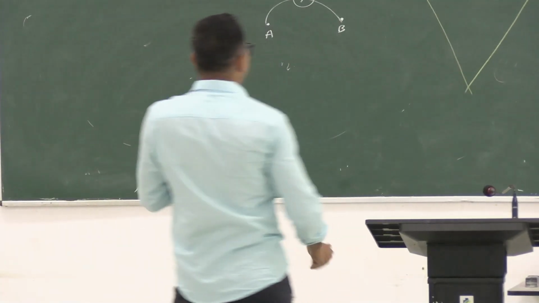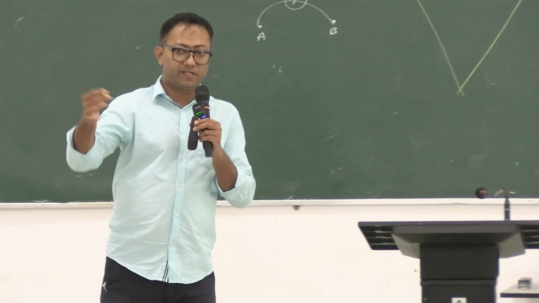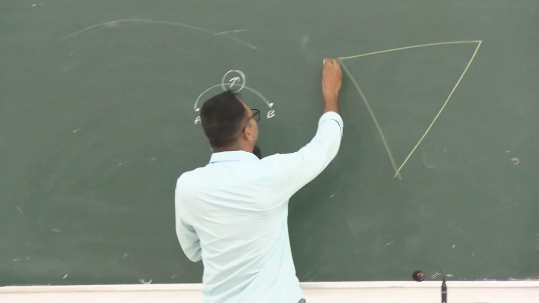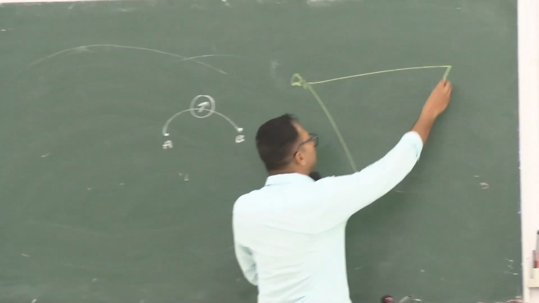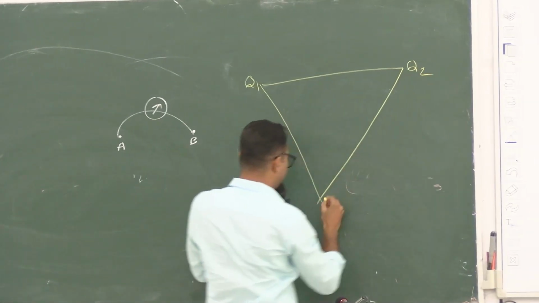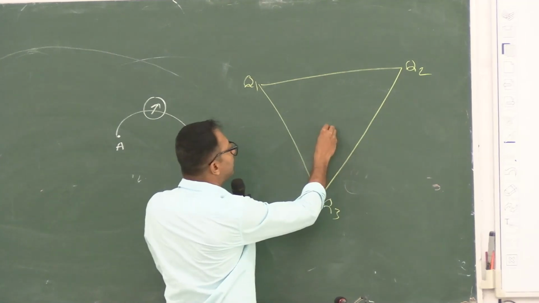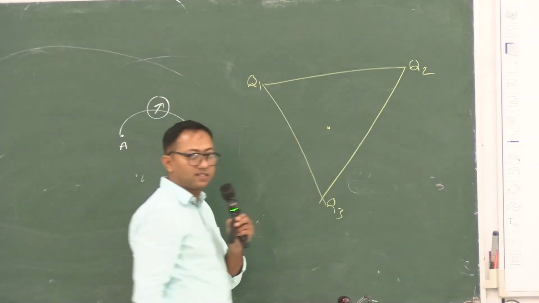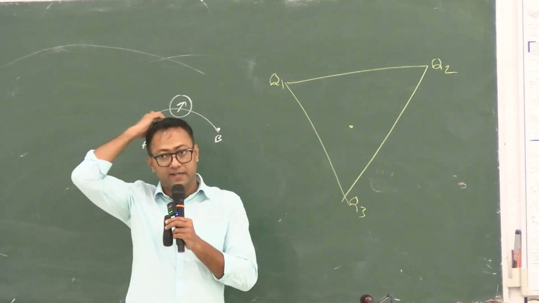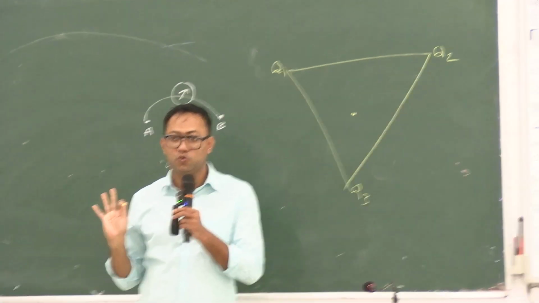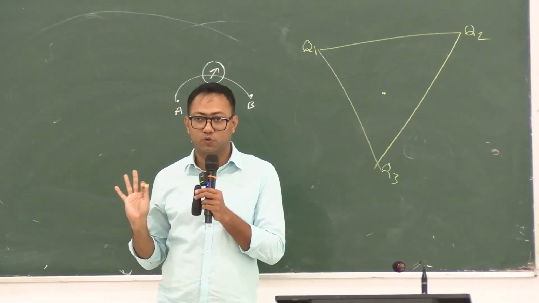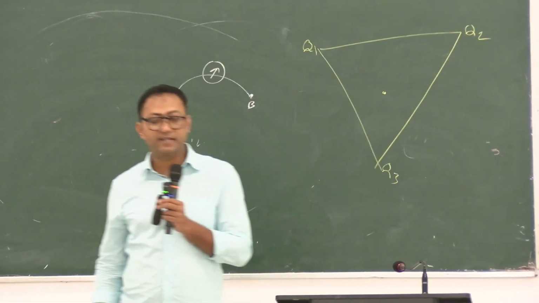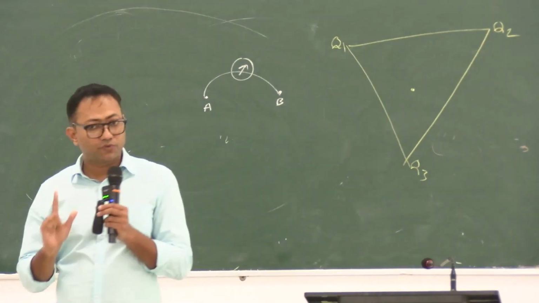So there is a theory in physics. If you put charges at the corners of the triangle and you measure the potential at the center, it is always 0. This is called Einthoven's formula, and the triangle is called Einthoven's triangle.